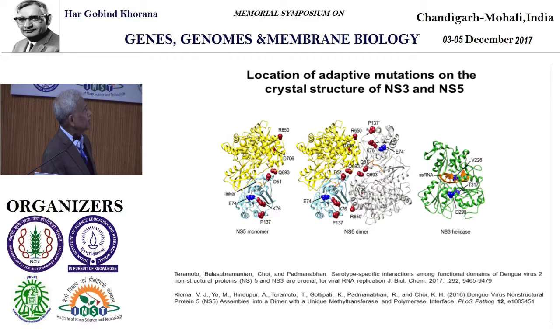And when we mapped these mutants on the crystal structure of NS5, we found that the mutated residues all line up on the NS5 monomer-monomer interface. So this suggests, again, that NS5 may function as a dimer.